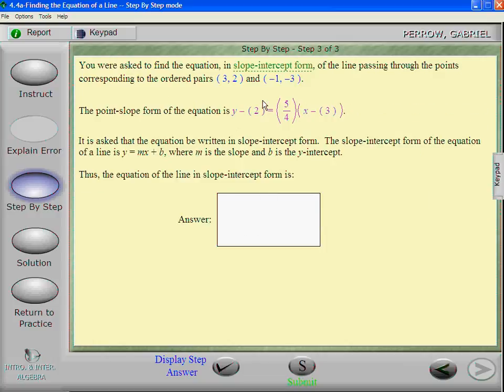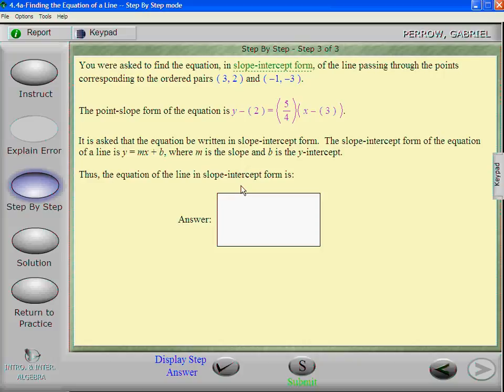Okay. And then they say, here's what you've got up here. You want it to look like y equals mx plus b. So do the work out and make it look that way. Thus the equation of the line in slope-intercept form, or y equals mx plus b form, is what? Up above, I've got y minus 2 equals 5/4 times x minus 3 in parentheses.